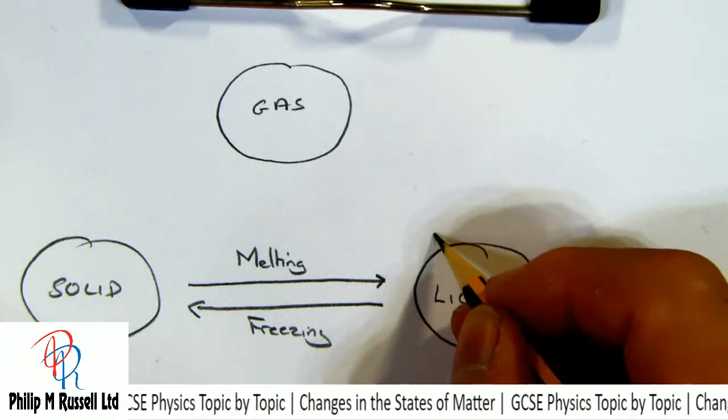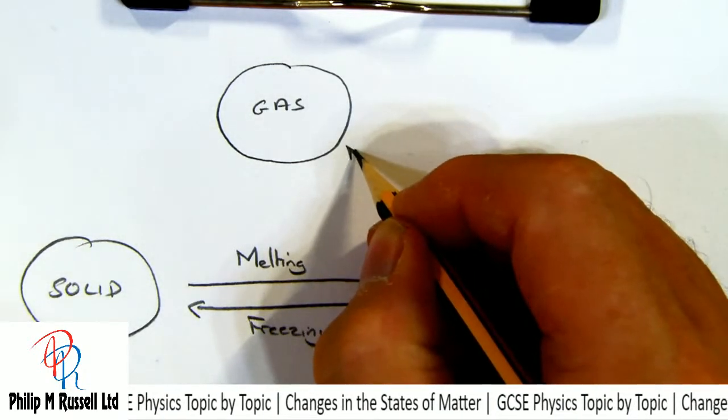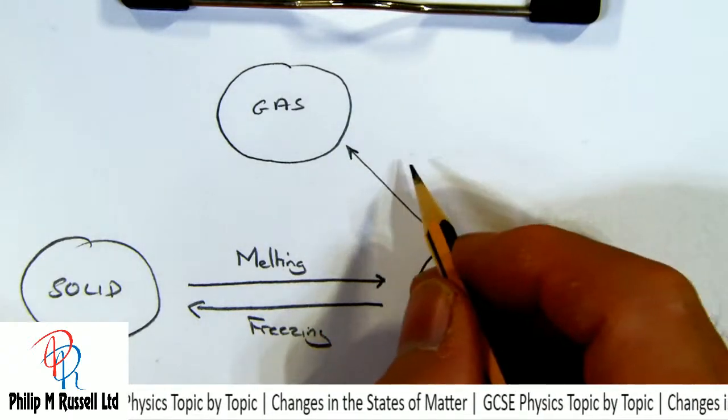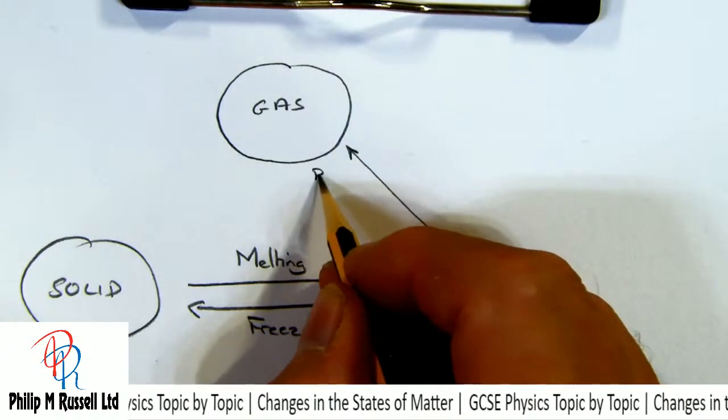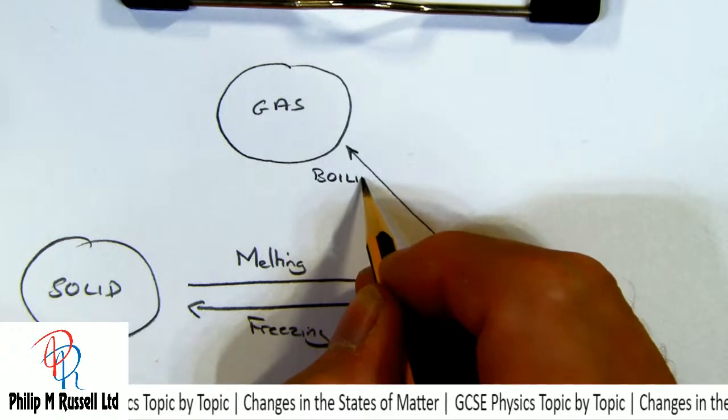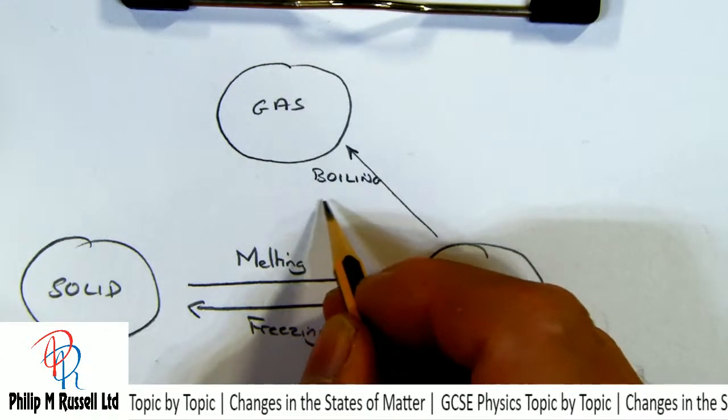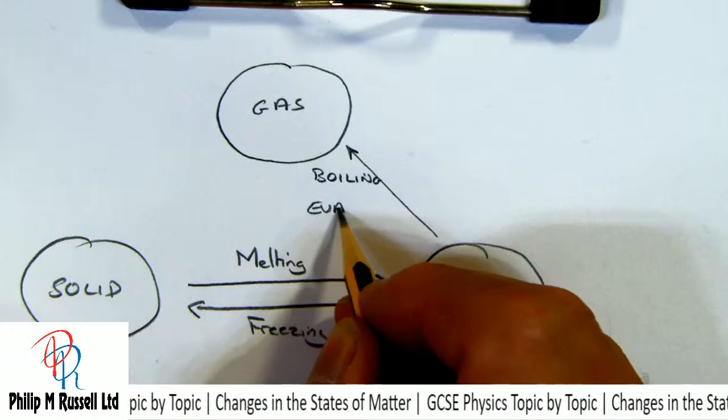A liquid can be turned into a gas, and that's either going to happen at its boiling point or just by evaporation.